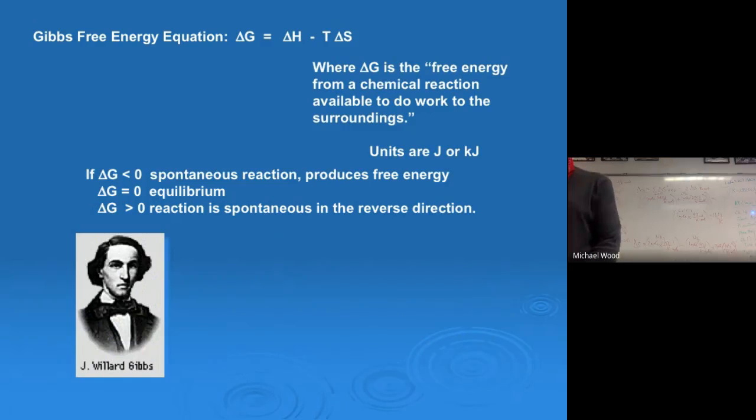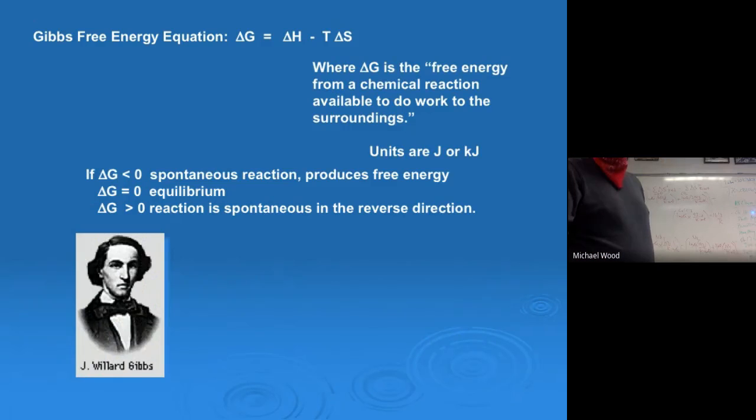I'm going to get to that in a second. Again, this is the trumpet blast, Star Wars music. This is the key thing in this chapter, delta G. We're going to do calculations with this this morning, but I want to get into just looking at the signs.